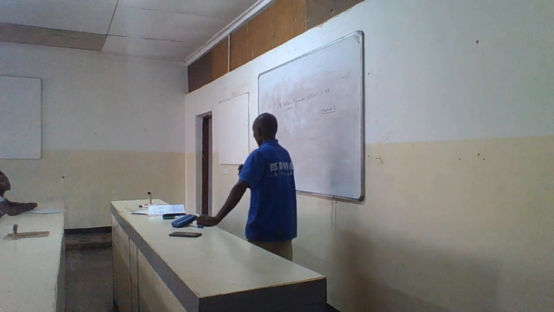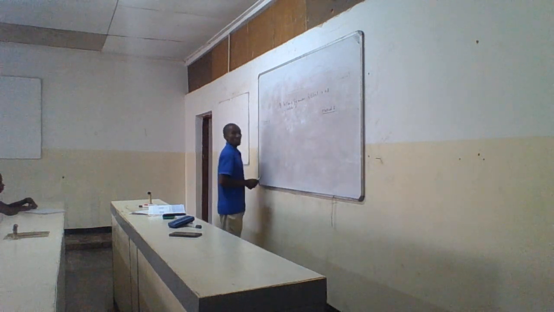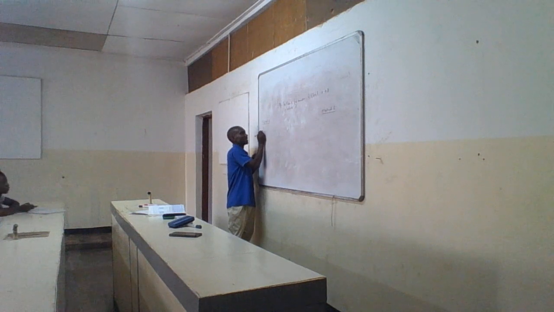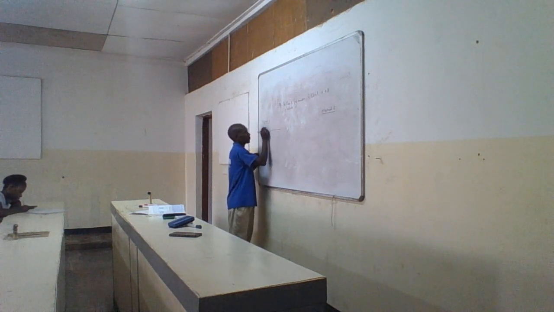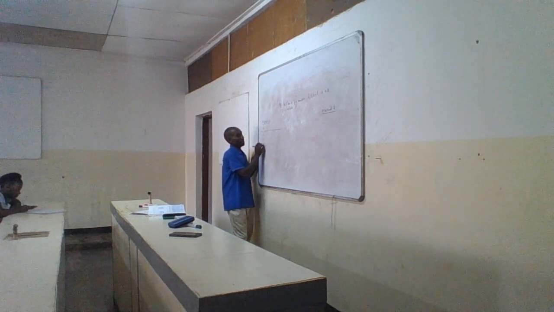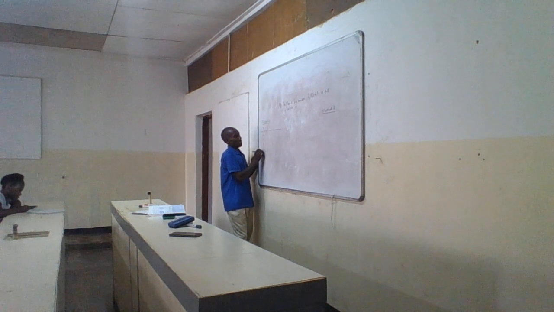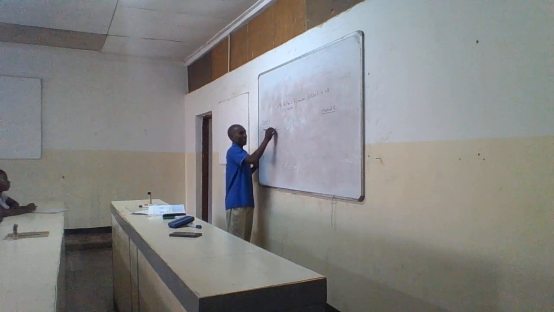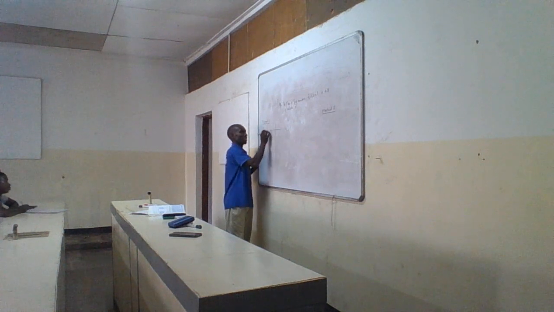Method 1 is this one. You have to do something like this. Your x's are 2, 3, 5, 6, and 8. Then you come up with x minus x bar.